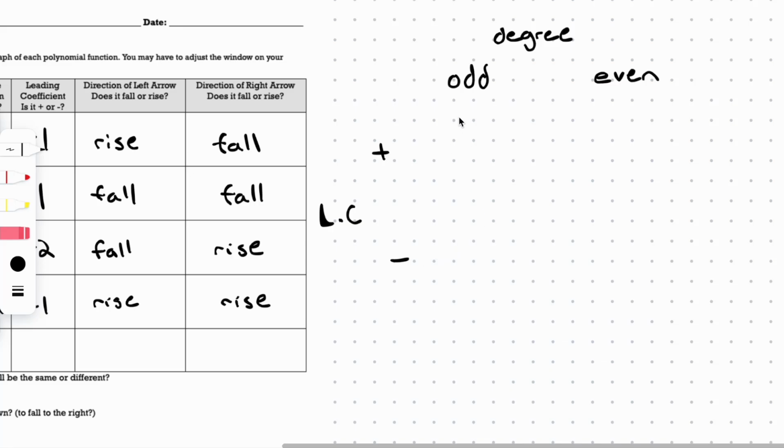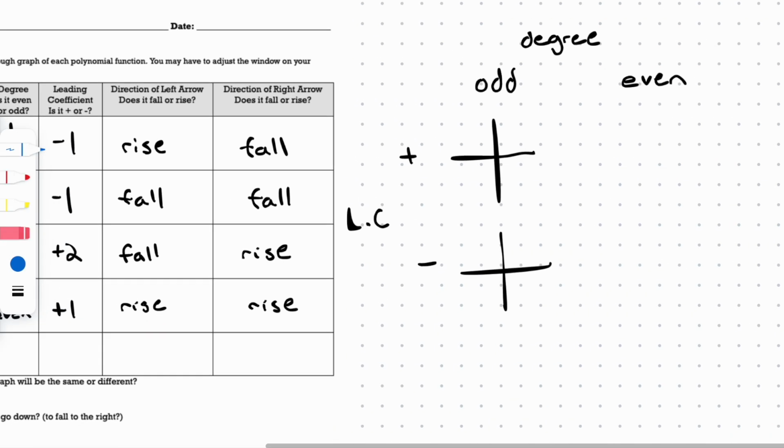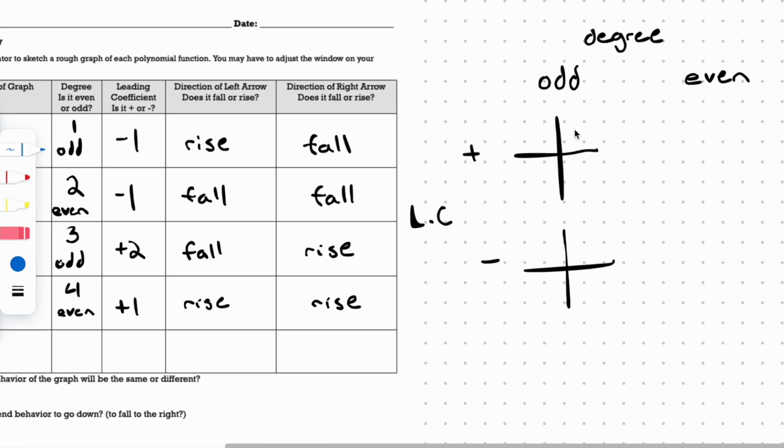So we just talked about odd. Sorry about that. Okay, when we have an odd function, we know they're going in different directions. When we have a positive leading coefficient, our left arrow falls.